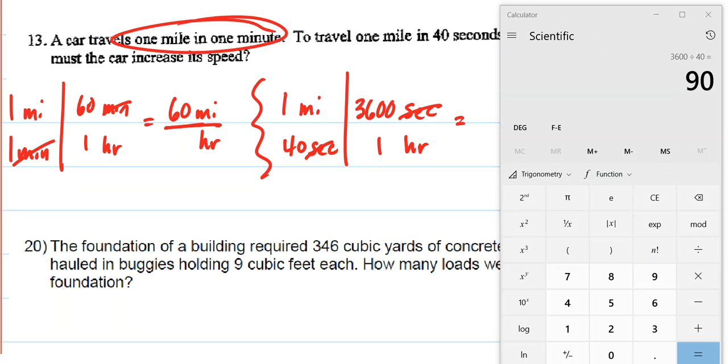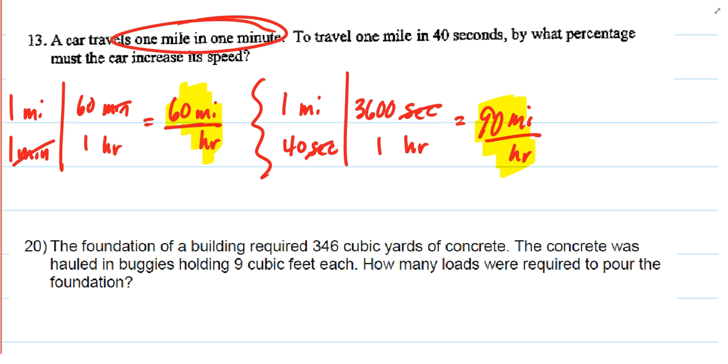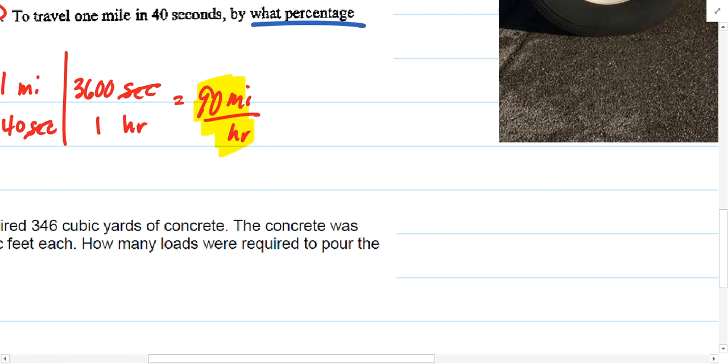So if we convert 1 mile per 40 seconds, that's actually the same as 90 miles per hour. And so we're increasing from 60 miles per hour at the beginning to 90 miles per hour. The question is kind of tricky, but it asks what percentage must the car increase its speed?